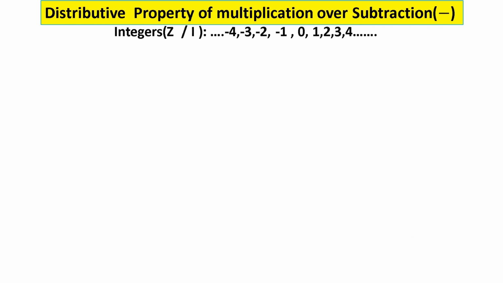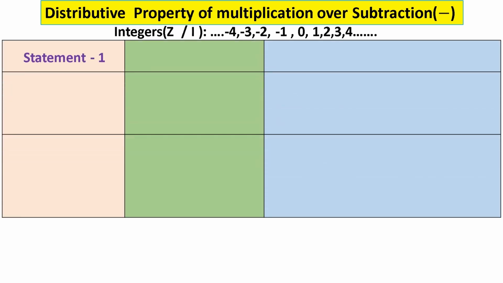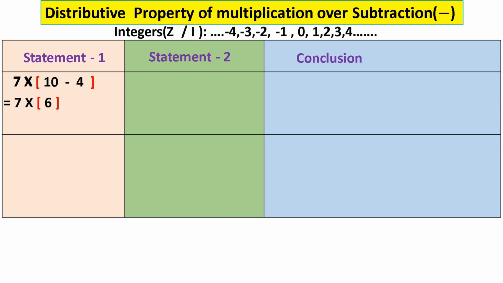Next, distributive property of multiplication over subtraction. So now here, statement 1, statement 2, conclusion. Now 7 of 10 minus 4. Here first we do the bracket: 10 minus 4 is 6. So 7 into 6, we will get 42.